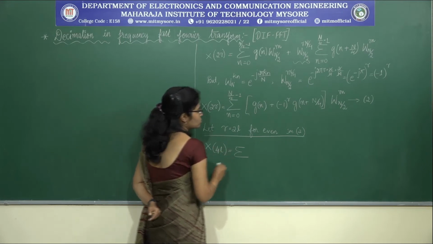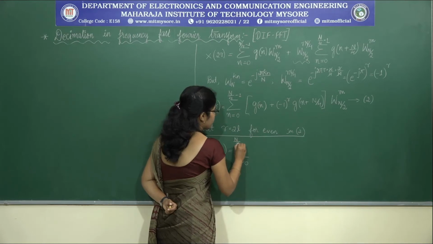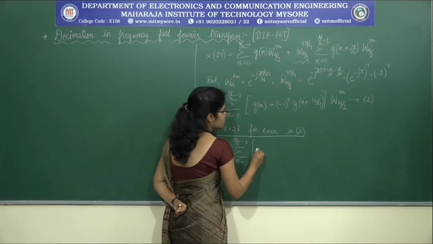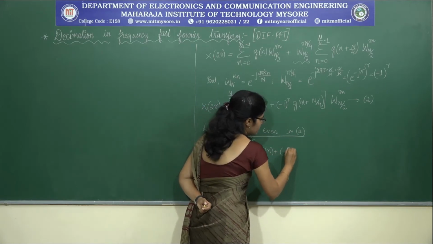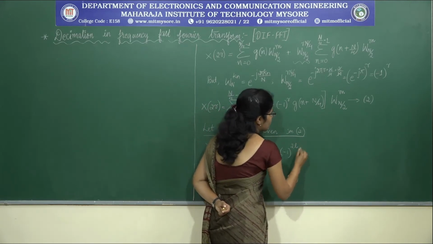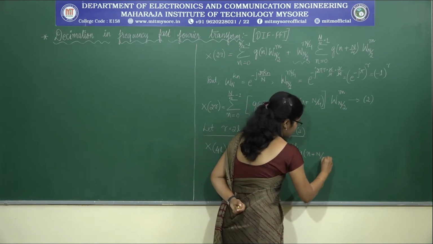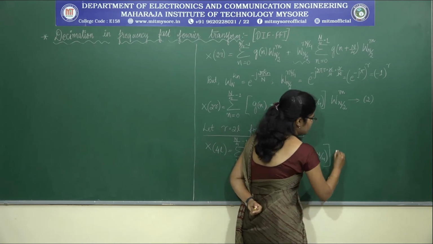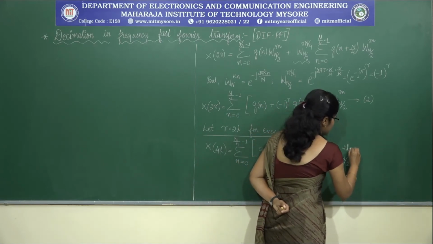So, it is X of 4l, which is equal to summation n ranges from 0 to N/4 minus 1 into g of n plus minus 1 to the power of 2l into g of n plus N/4 into omega N by 2 to the power of 2ln.